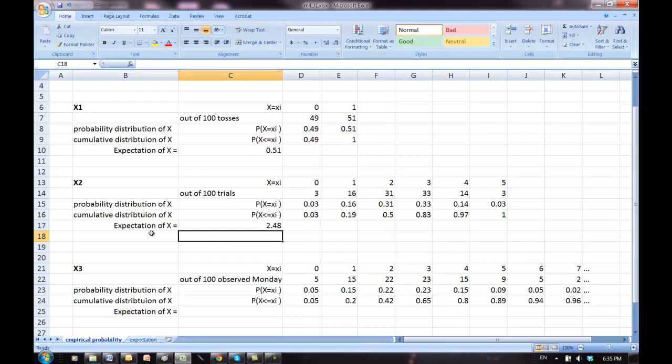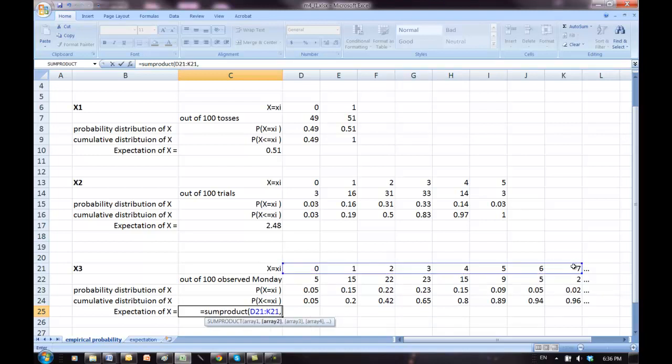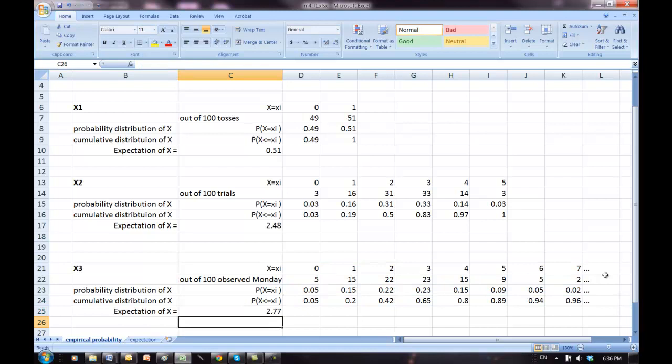So that's the expectation for x2. And similarly, sum product, the values paired with their probability. Again, keep in mind this is incomplete, because in theory this table will go to the right forever.